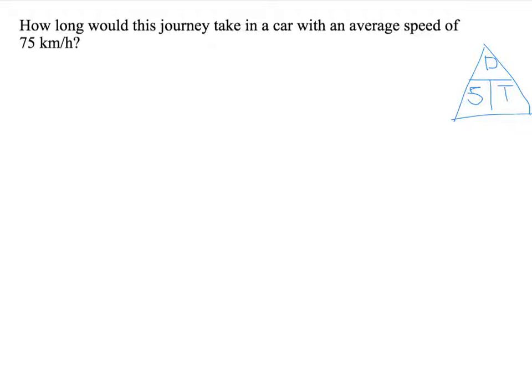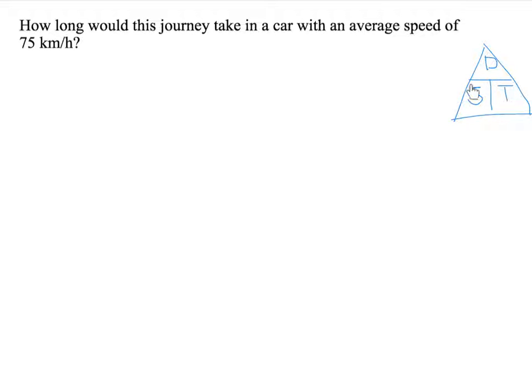So basically, you cover the part of the triangle that you're trying to find. So if I was trying to find distance, I would cover the D, and that leaves me with S and T. Now, because they're beside each other, it means I multiply. So it's just speed multiplied by time, and that will give me distance.